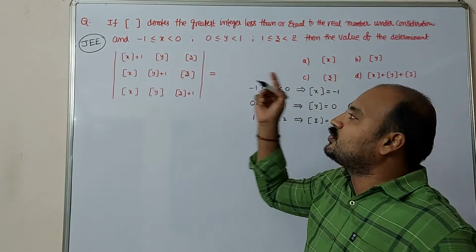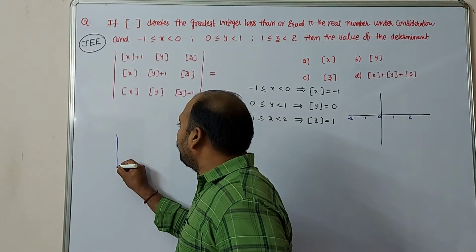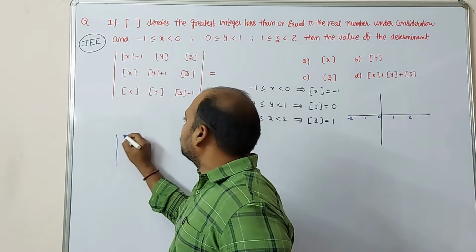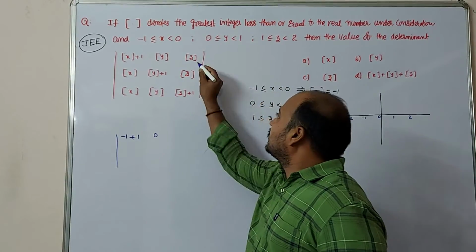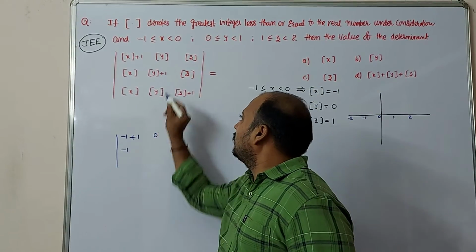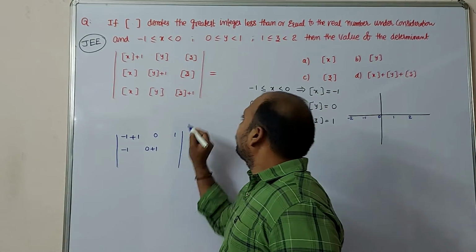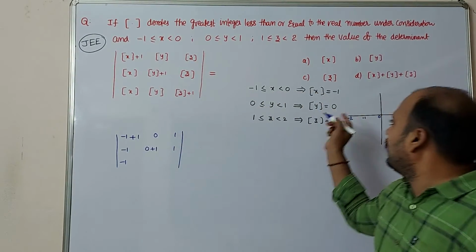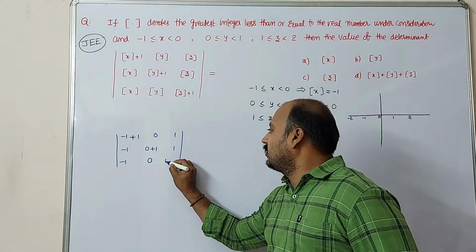So now we will substitute these values and get the answer. The determinant with [x] equal to minus 1: minus 1 plus 1, [y] is 0, [z] is 1; [x] minus 1, [y] plus 1 is 0 plus 1, [z] is 1; [x] minus 1, [y] is 0, [z] plus 1 is 1 plus 1.